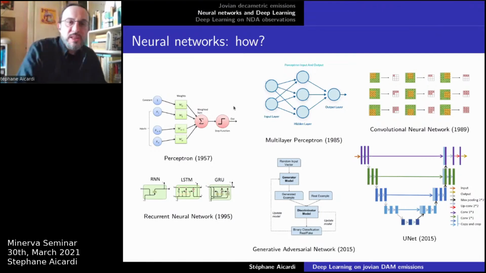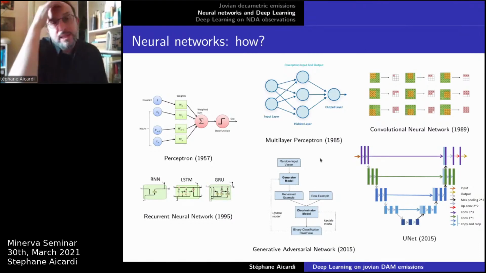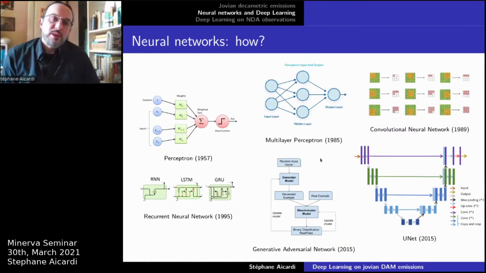But it came again in the 80s, because one neuron doesn't do much and the brain contains billions of them. So somebody found an algorithm called backpropagation, which allows us to train multi-layer perceptrons.